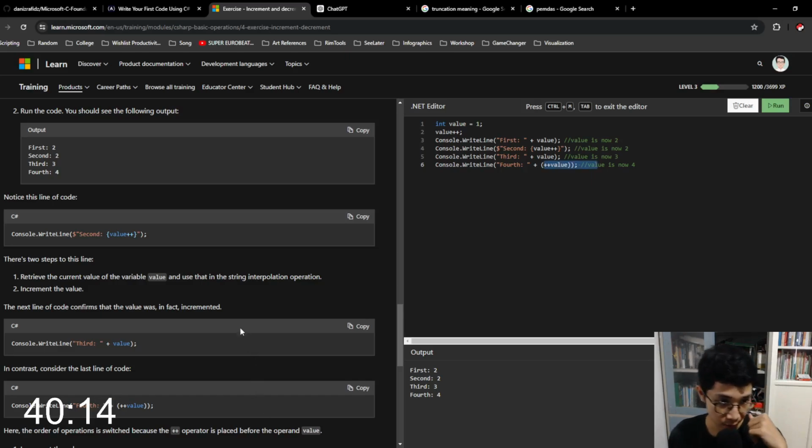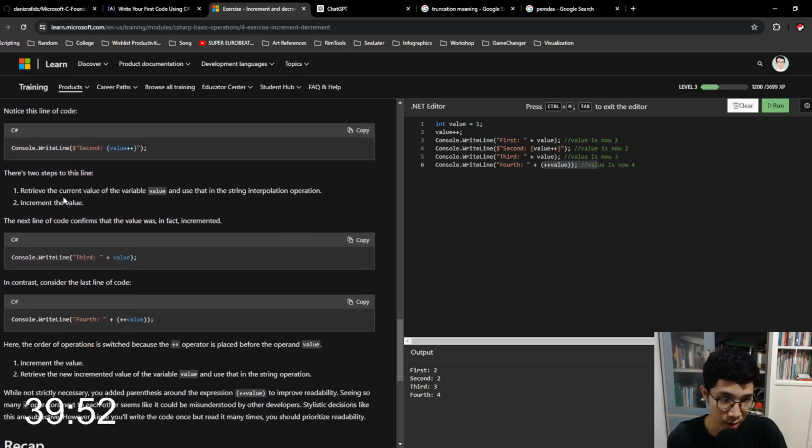Okay, we can continue here. Notice this line of code, console write line, $second. I think this is interpolation with the braces on value with the plus afterwards. Okay, as you can see here, there are 2 steps to this line.